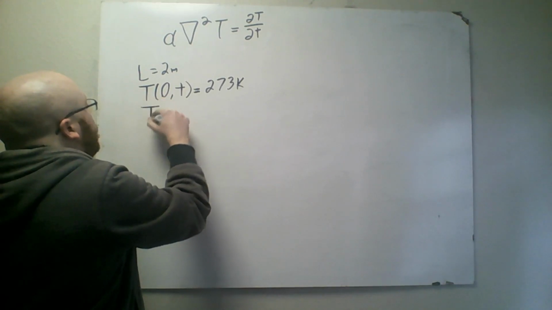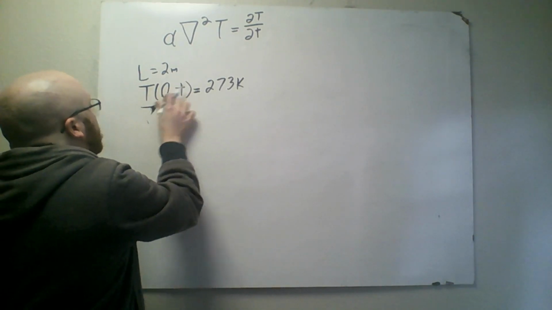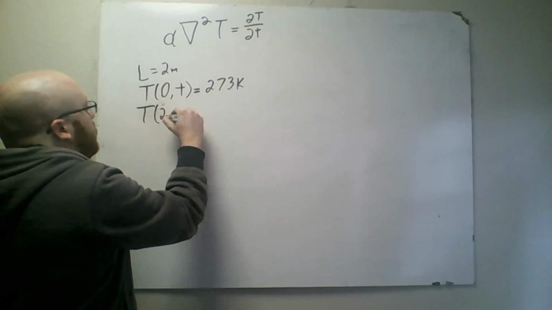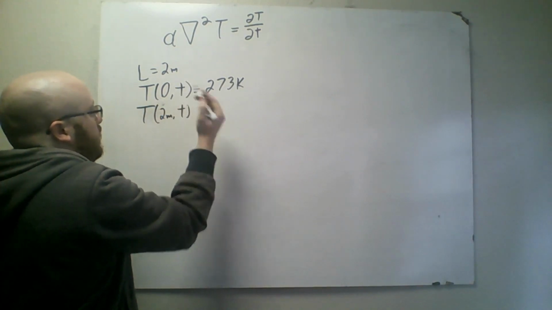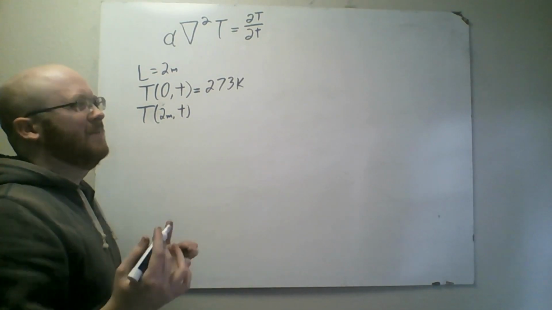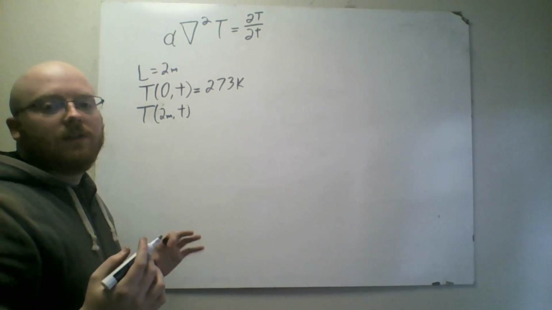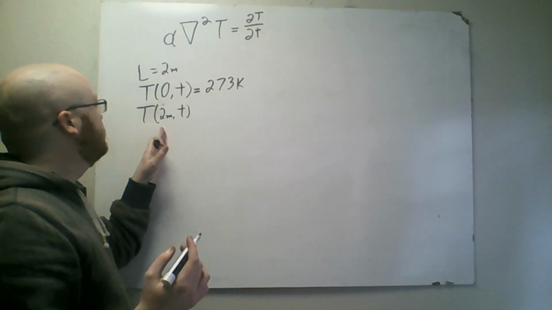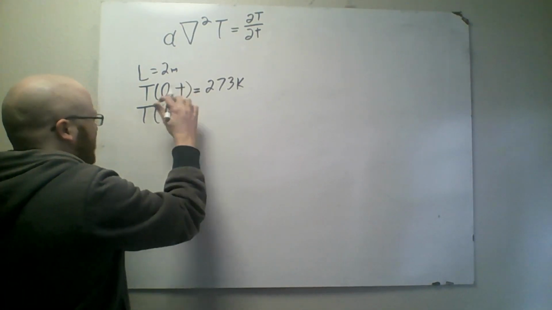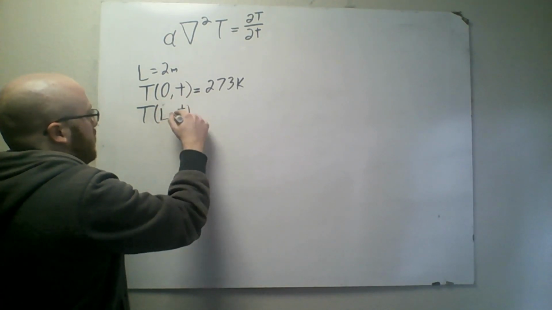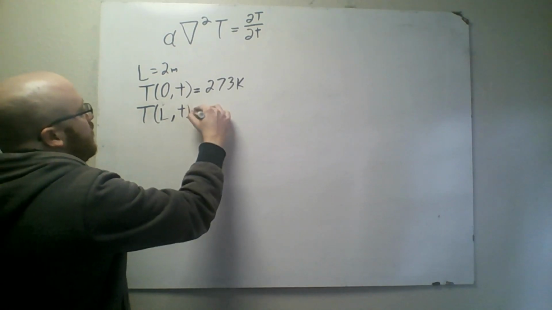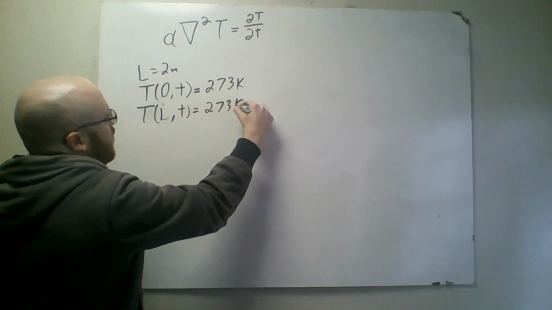Actually, let's say the temperature at the other end of the bar, 2 meters, we're also going to hold at 273 Kelvin. I'm adding units in here because it'll get weird getting it back to reality otherwise, but it'll work out.